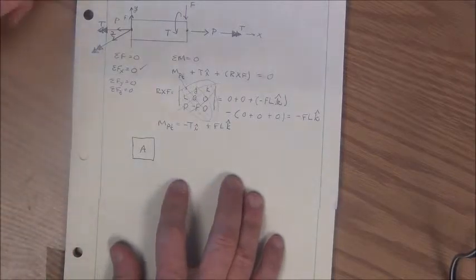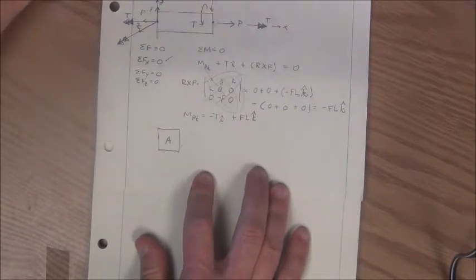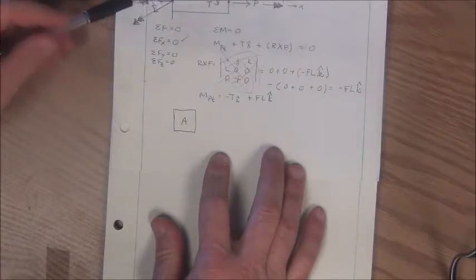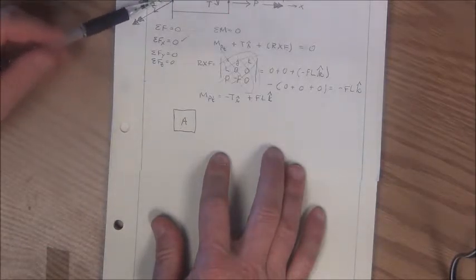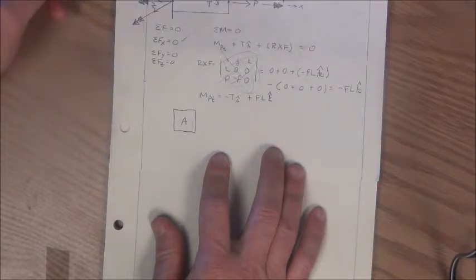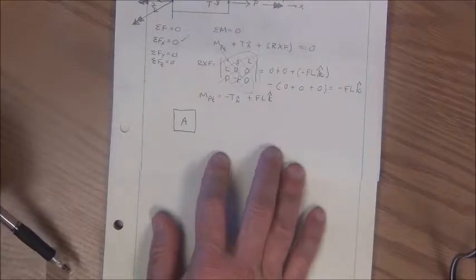Now I simply look at my reaction loads, my forces and moments, and ask myself, what does each force and what does each moment do to element A? And here are my four choices of what that particular load can do.